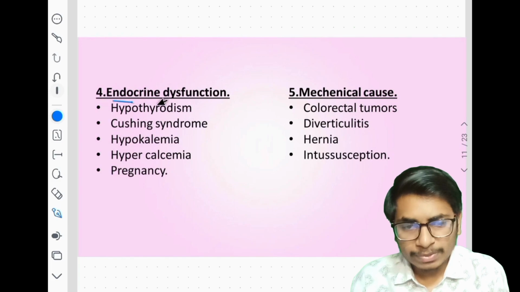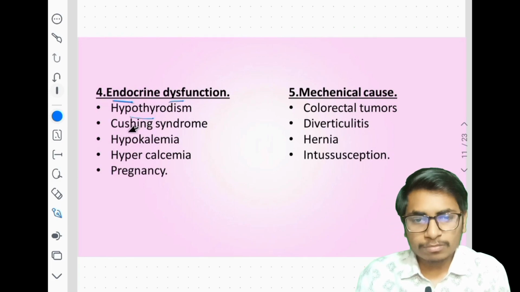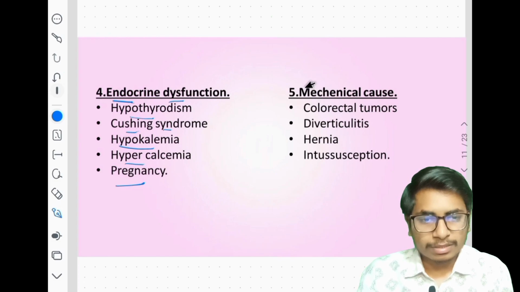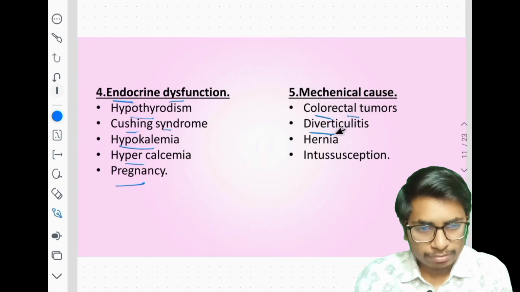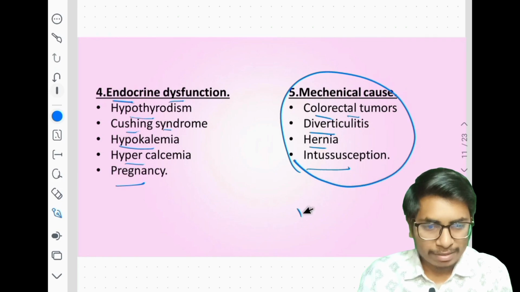Then some endocrine dysfunctions or disorders also produce constipation: hypothyroidism, Cushing syndrome, hypokalemia, hypercalcemia, pregnancy. Then mechanical causes such as colorectal tumor, diverticulitis, hernia, intussusception, all of which are identified by physical examination.